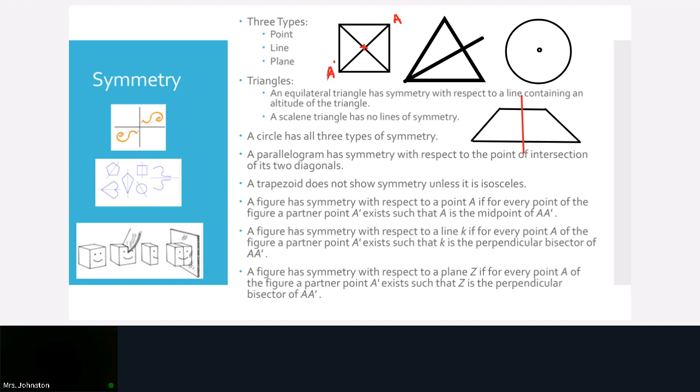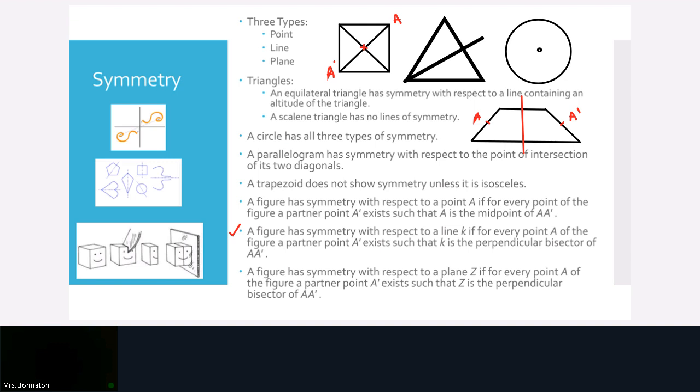Secondly, a figure has symmetry with respect to a line if for every point A of the figure, a partner point A prime exists. We use our little trapezoid for an example, and A prime, where the line intersects the midpoint between those two points.